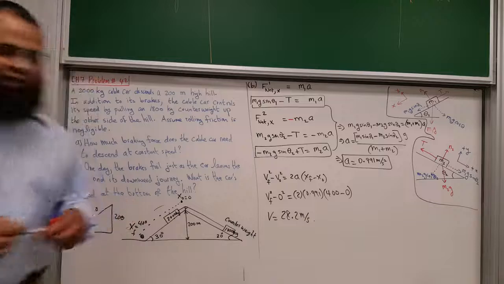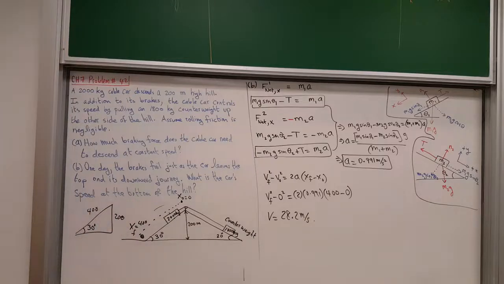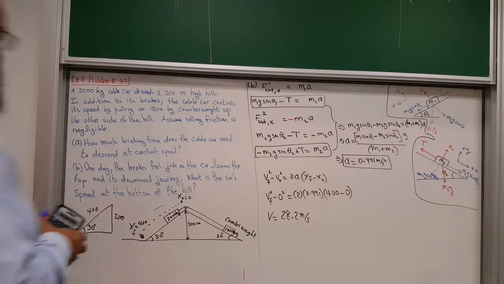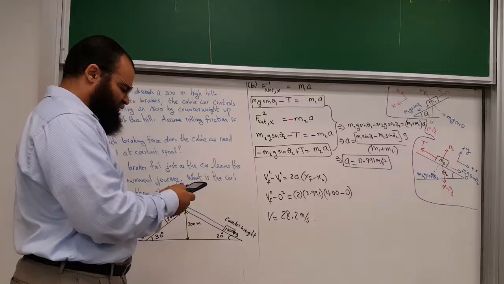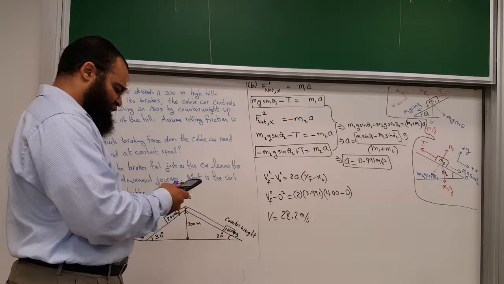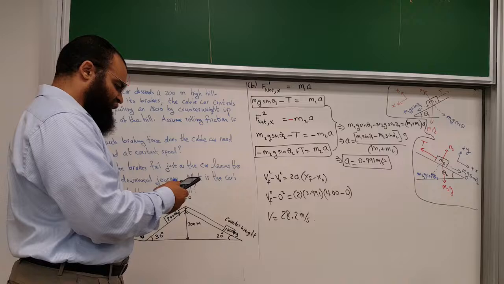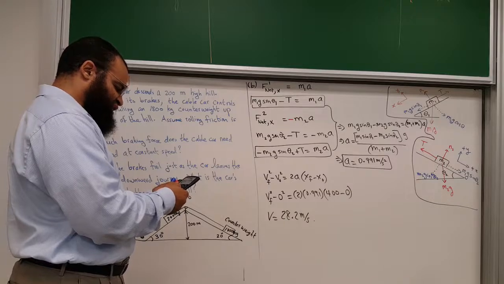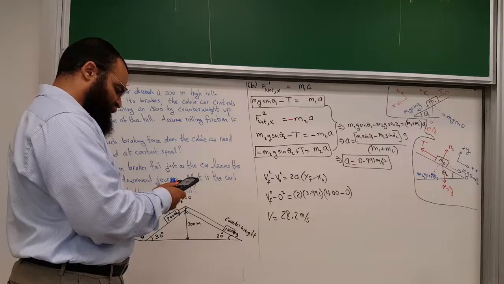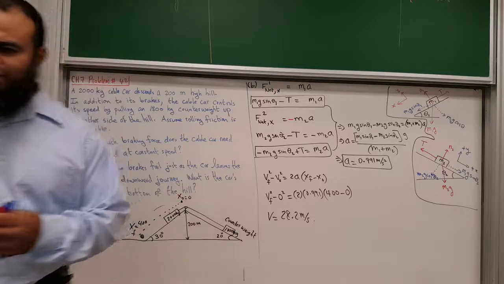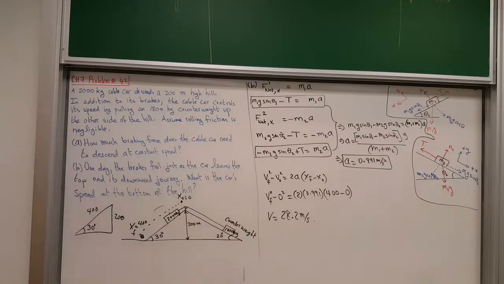So if the brakes fail, it would be 28.2 meters per second. And is that fast? Yeah, that's kind of fast. Times 3.6, that'll be about 101 kilometers per hour. That's almost 65 miles an hour, over 1.6. Yeah, it's like 63 miles per hour.